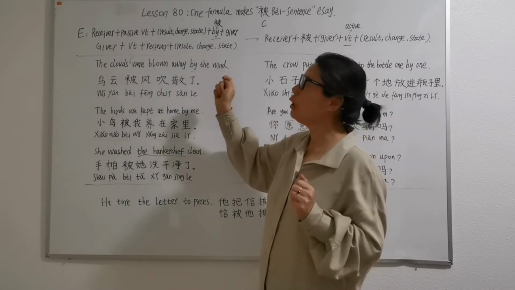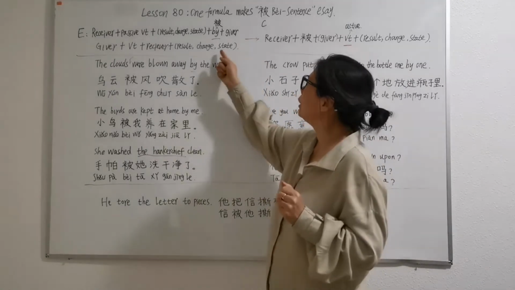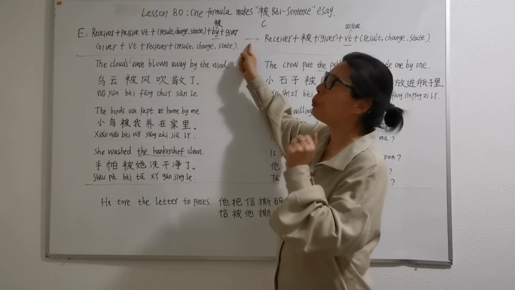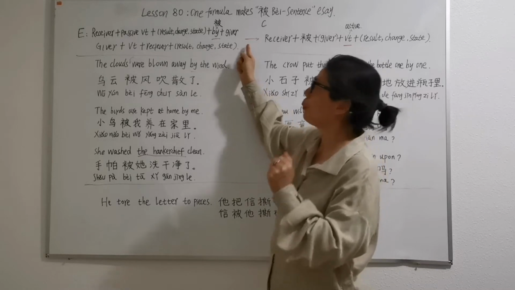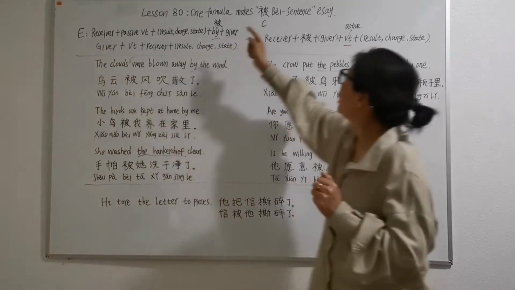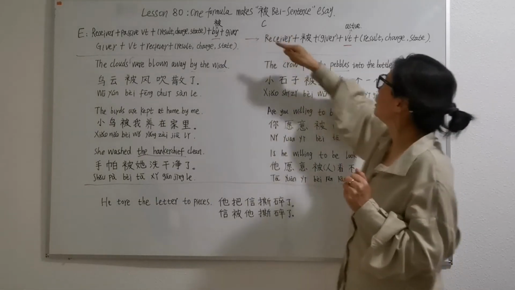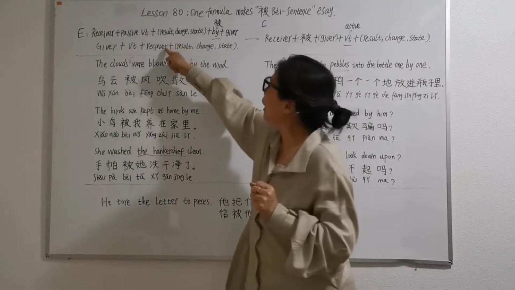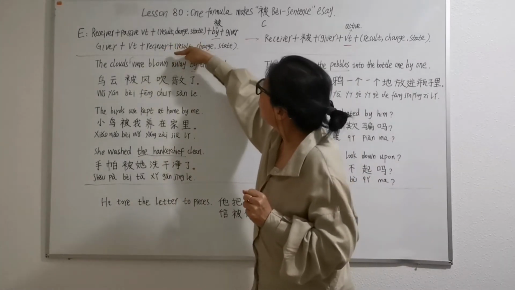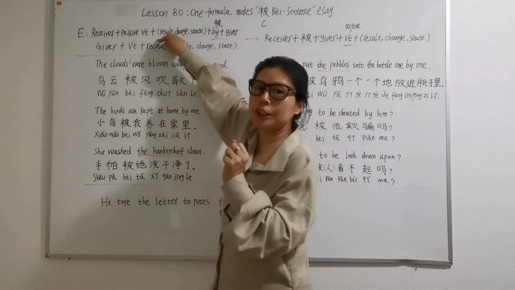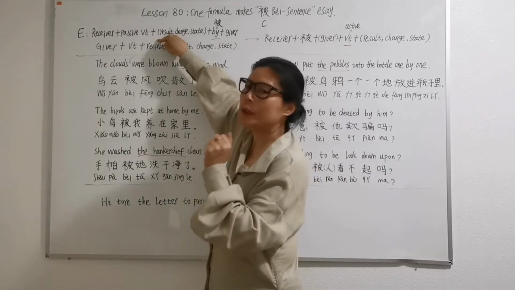If you have learned last lesson, you can see this formula is very different from the 被-sentence formula. Still, E represents English, C represents Chinese. This side is 被-sentence. This side, there are two pattern sentences. This is the English passive sentence.